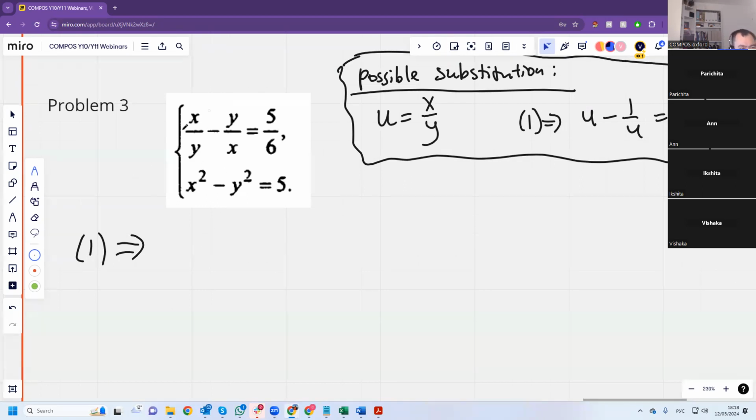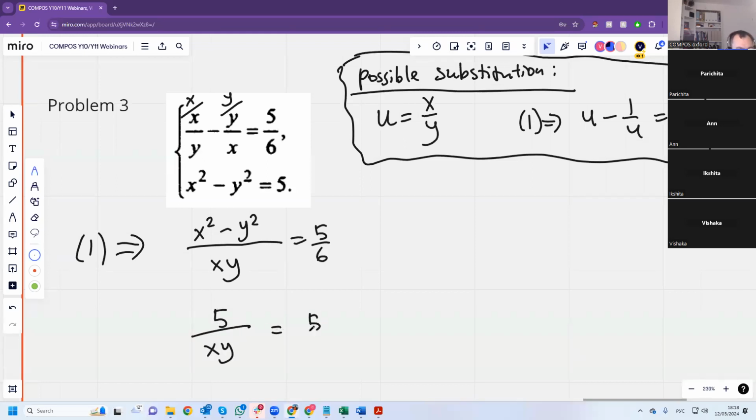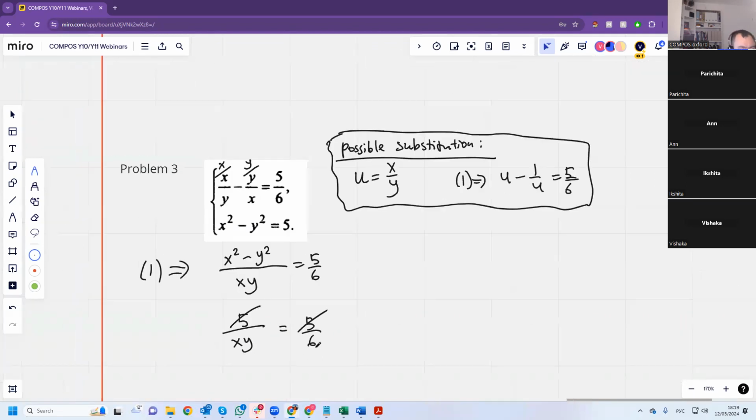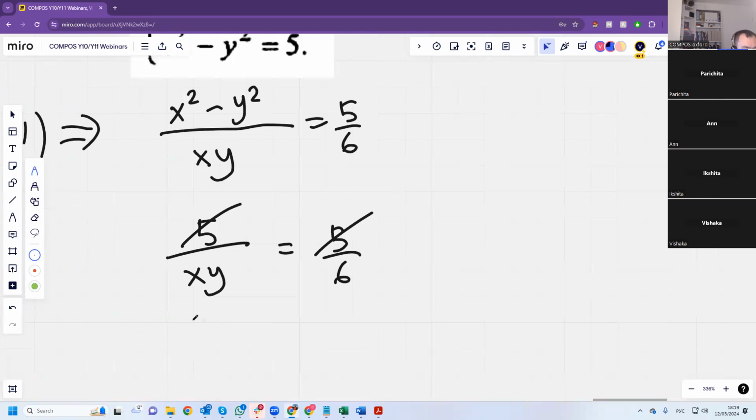I'm going to find the common denominator for the first one, and the common denominator is of course xy, and I multiply this by x and multiply this by y, so I get x squared minus y squared over xy equals 5 over 6. What a coincidence, because we already know that x squared minus y squared is 5. So we sub that in, so it's going to be 5 over xy equals 5 over 6. 5 cancels, and we get xy, of course, is equal to 6.